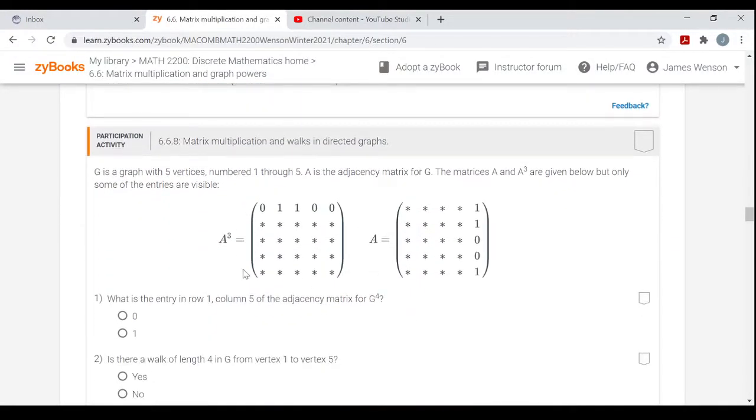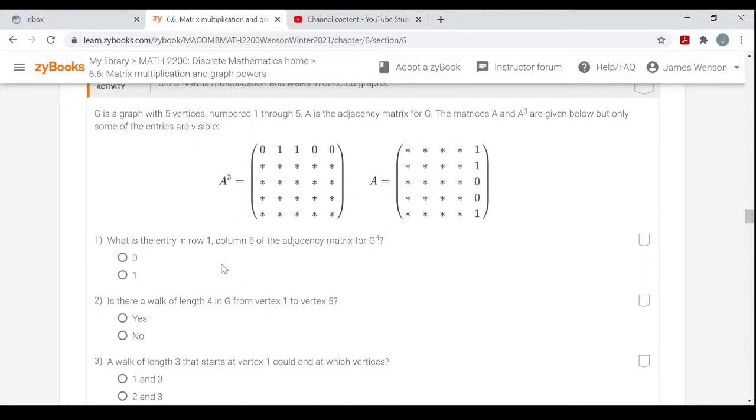All right, so for instance, suppose G is a graph with 5 vertices, numbered 1 through 5. And suppose A is the adjacency matrix for G. If you look at A here on the right, they give you the 5th column. So this tells you what vertices have an arrow or an edge to vertex 5.